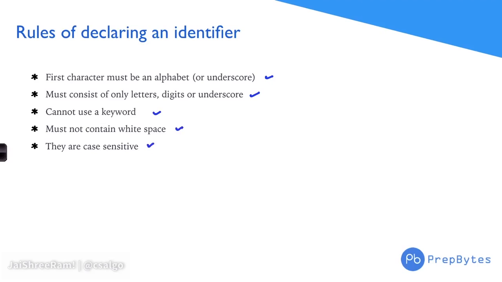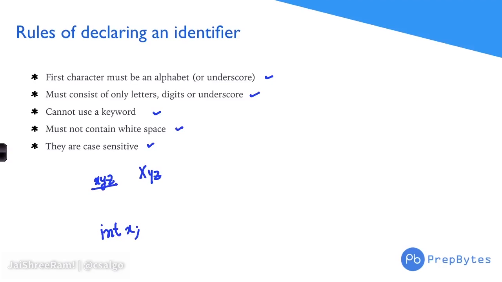When I say case sensitive, it means that xyz and XYZ are two different identifiers, right? So it shouldn't be the case that you declare xyz and then use it somewhere in a different case. And you must be hearing the word declaring again and again. In case you are wondering what declaring is, int x was an example of declaring a variable. We will see what declaring is and what defining a variable is as we go ahead.